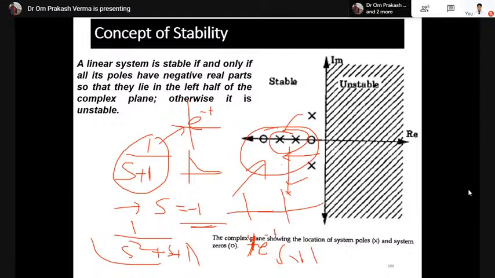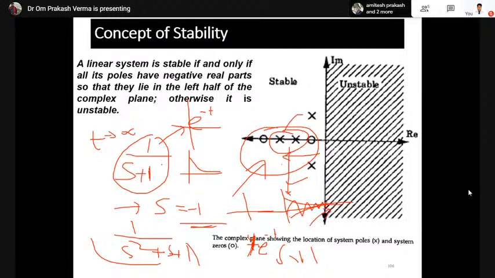So again it is diminishing at t equals infinity. When t approaches infinity, our target is that if the Laplace inverse or the response approaches zero, then the system is said to be stable.